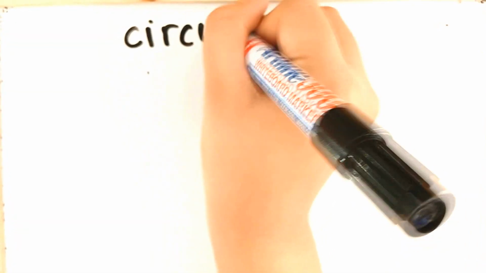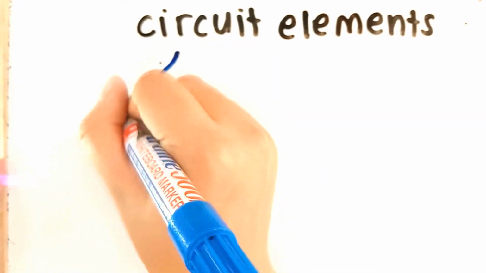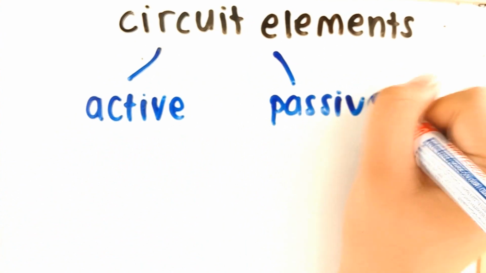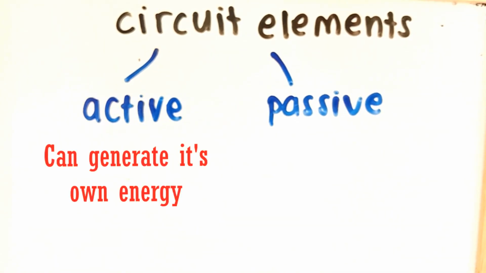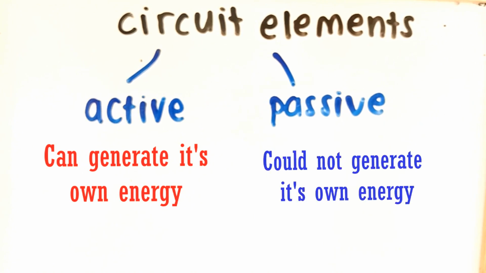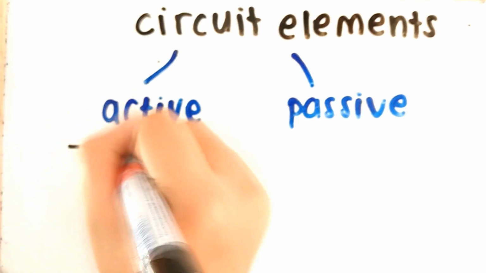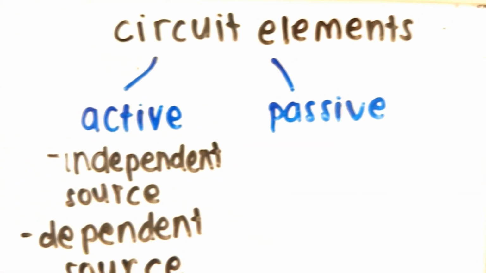In the circuit, we have circuit elements. There are two types of elements in an electrical circuit, which are passive elements and active elements. An active element is capable of generating energy, while a passive element is not. For active elements, there are two kinds of source, which are independent source and dependent source.